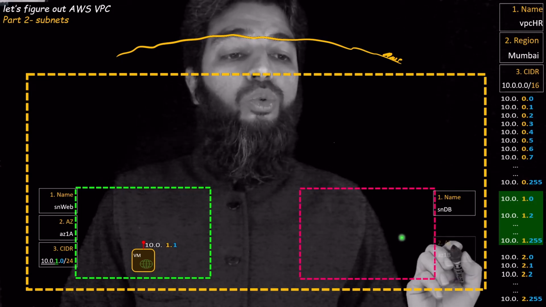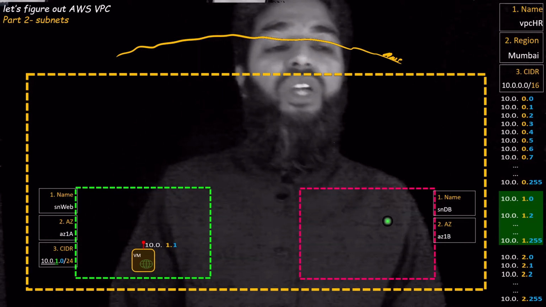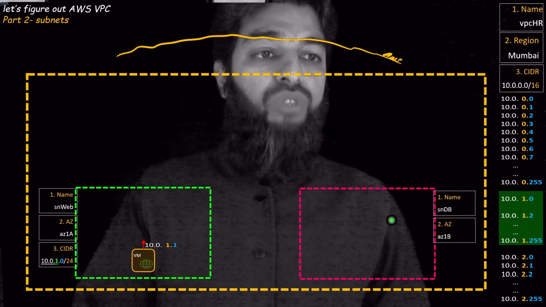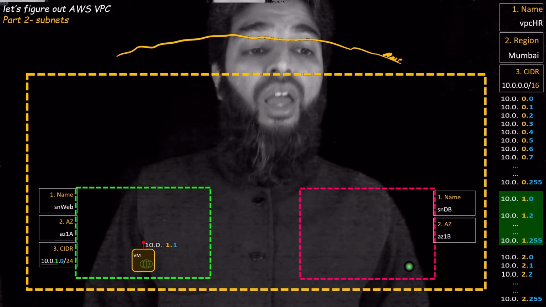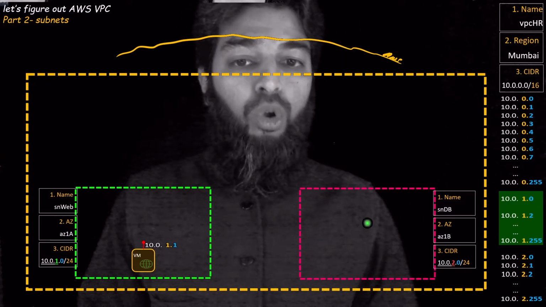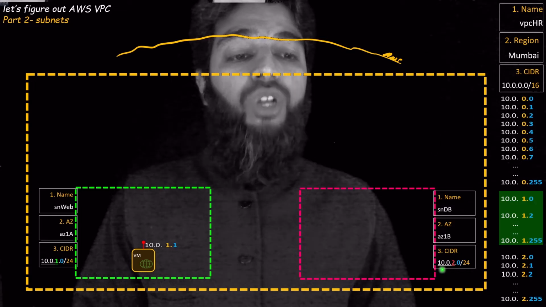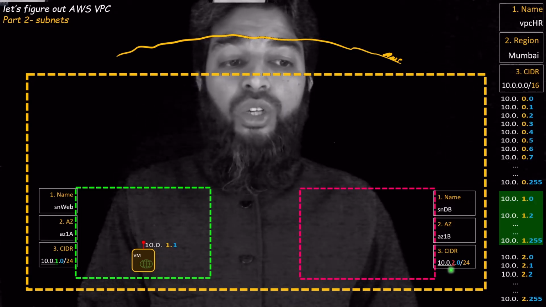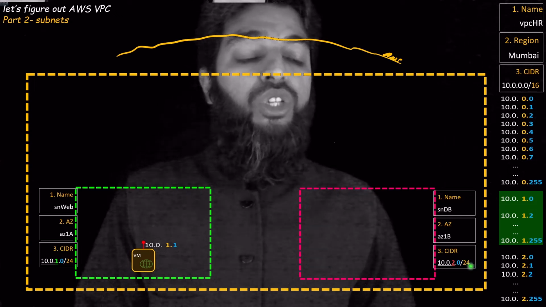Again, property 2, it has to be created in an availability zone. So basically you will create your subnet in any one of the availability zones of the VPC region. Third property, again, you need to provide the CIDR block for your SNDB. And this time we'll provide the CIDR block 10.0.2.0/24, which means what?